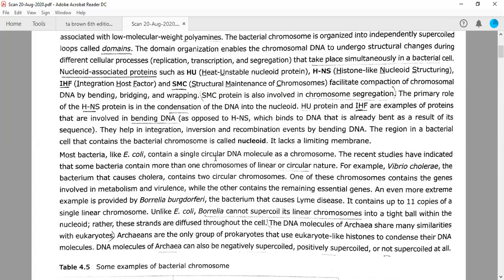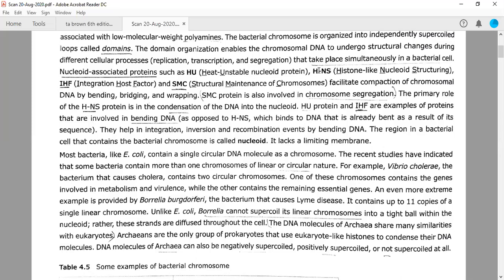Okay, again we are coming back. One thing we have discussed is this HU protein, the histone-like protein, which is heat unstable nucleoid protein. Actually, the term is heat unstable. So the heat unstable nucleoid protein is present in bacteria and has the same function, a histone-like protein condensing the double-stranded DNA into a small space.